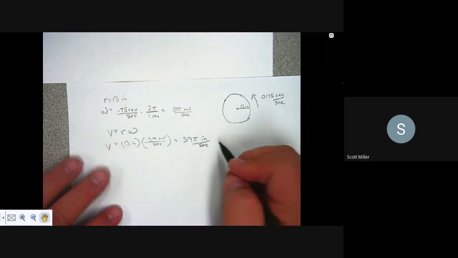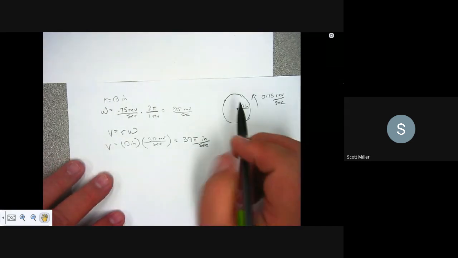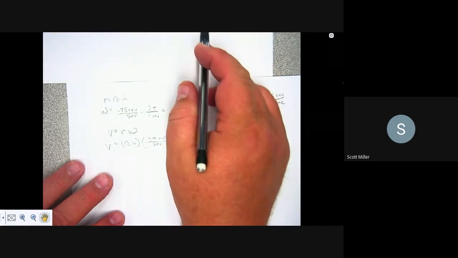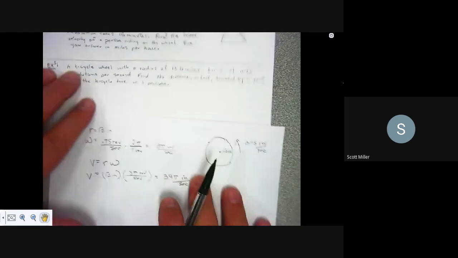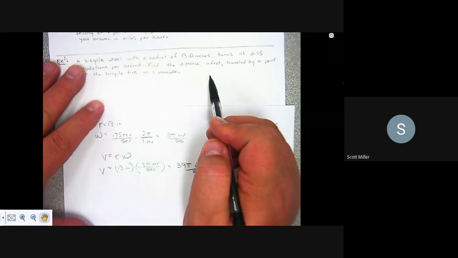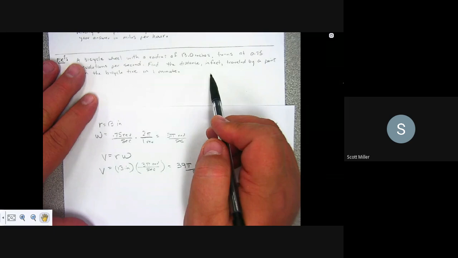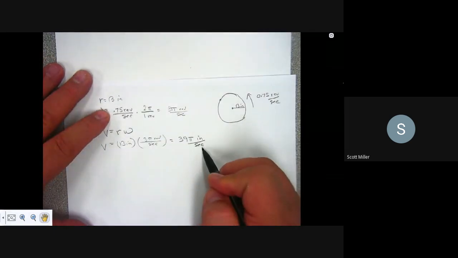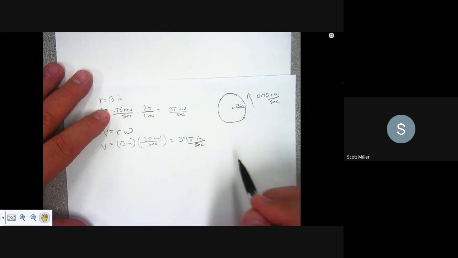So I want to know the distance traveled, okay, in feet. Find the distance traveled in feet in 1 minute. So I can just convert the units inches to feet and seconds to minutes, and I should have my answer.